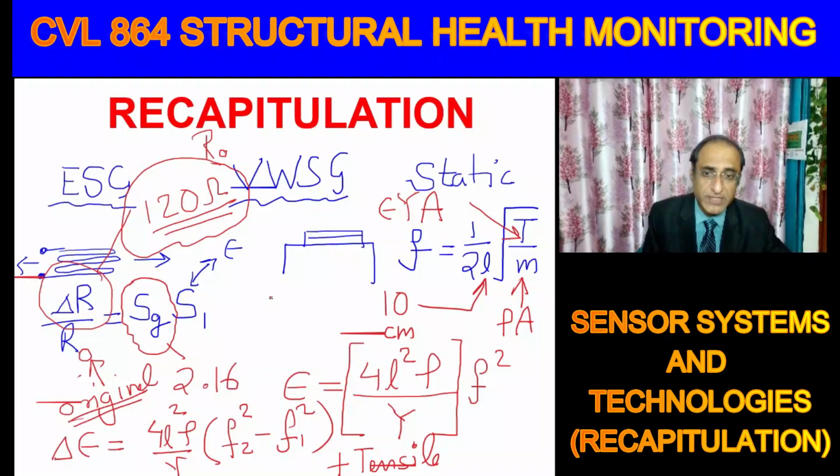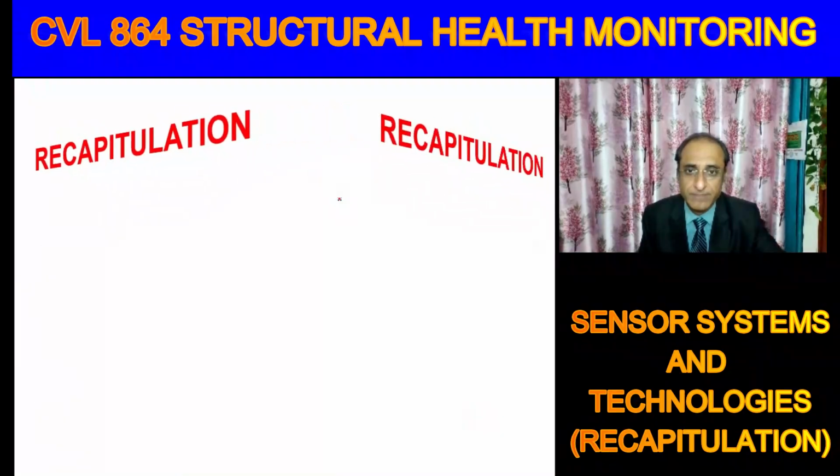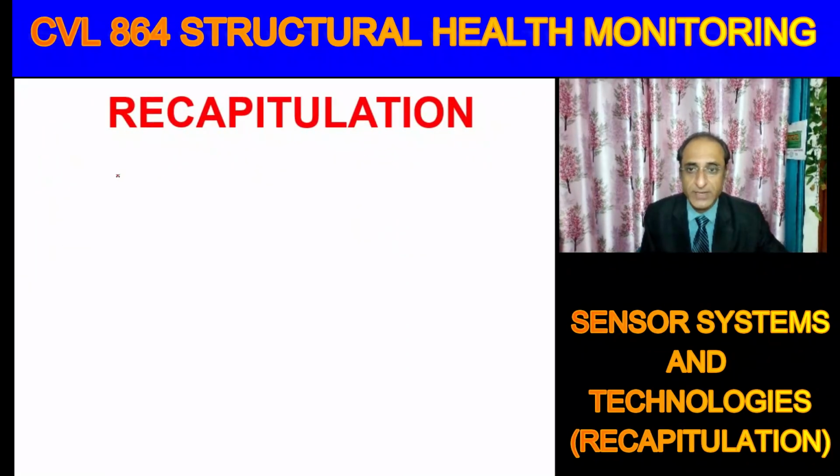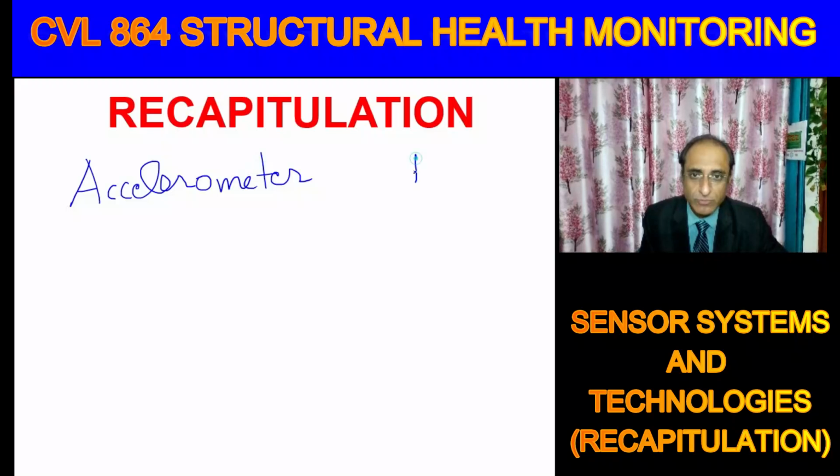So this clarifies. Now you have everything for the two sensors. And then let's go to the dynamic side. We had two sensors which we had studied for the dynamic measurements. One was the accelerometer, and the other was the piezo sensors.